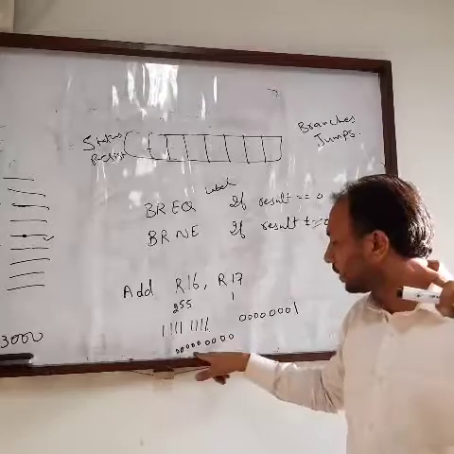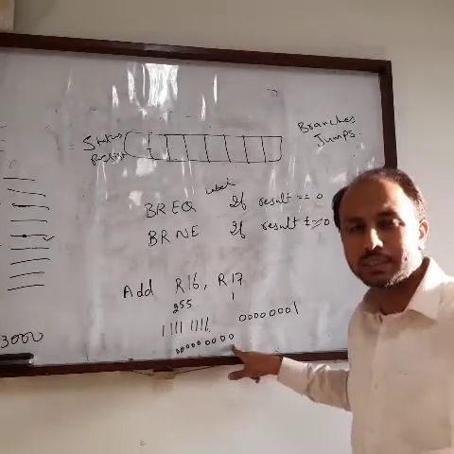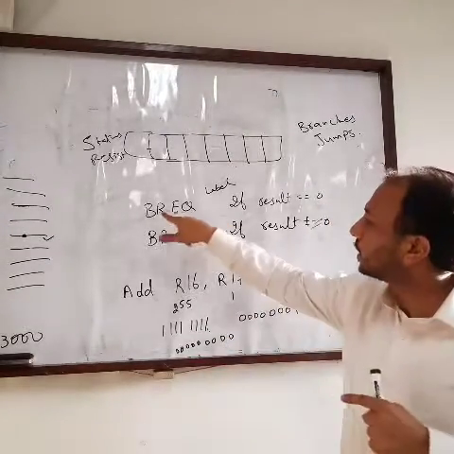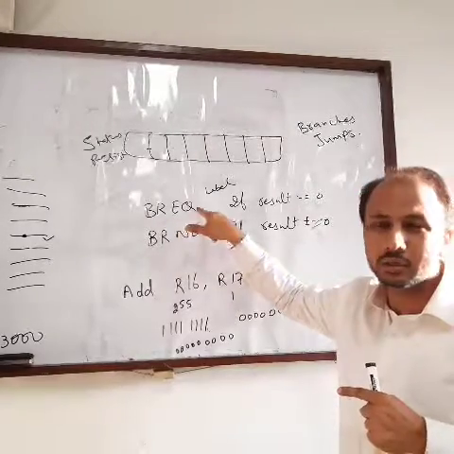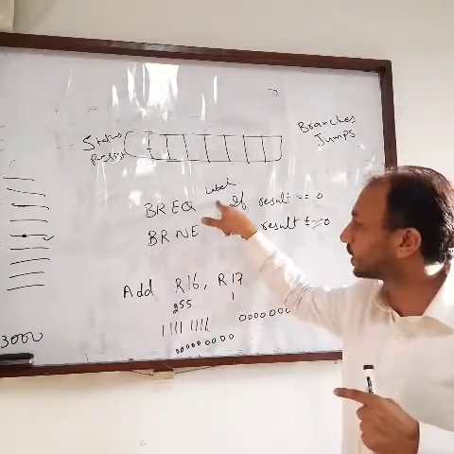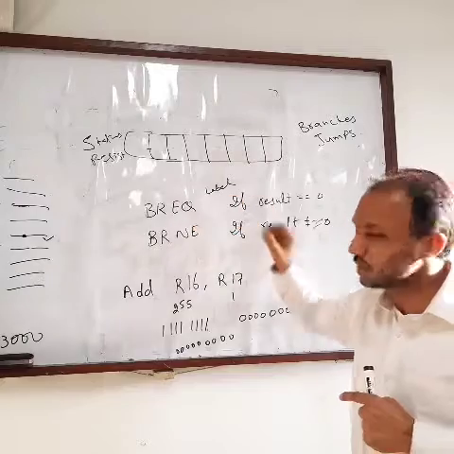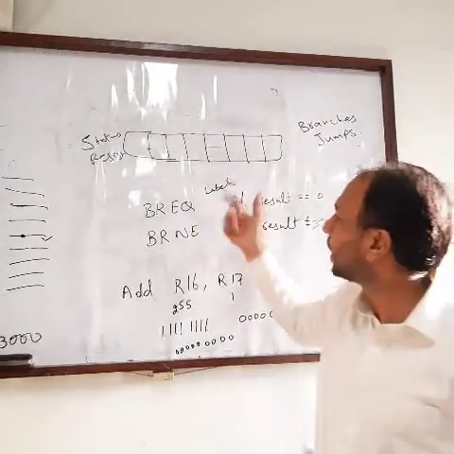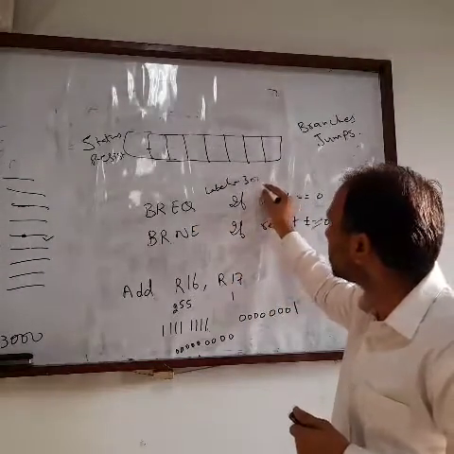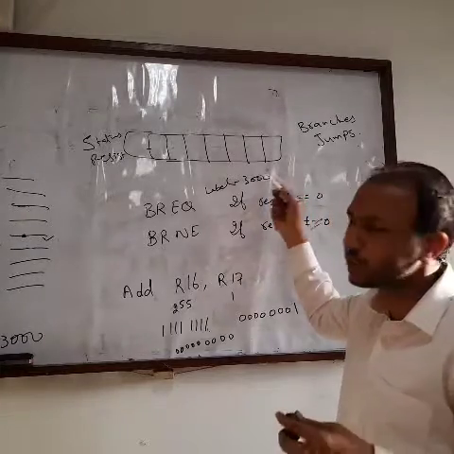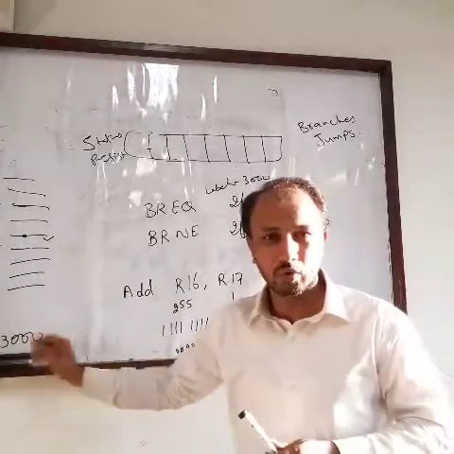So here the result is 0, the Z flag becomes high, that means the condition becomes true and it will take the jump. Where we want to jump, let's say label 3000 or label 200, where you want to go.